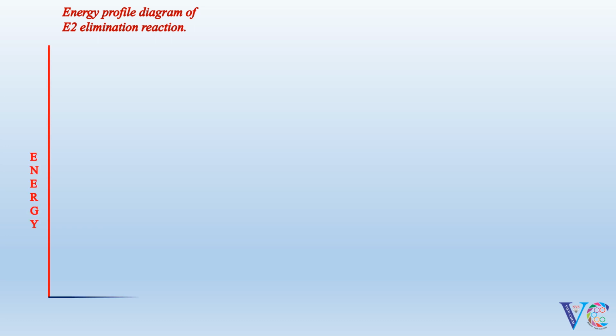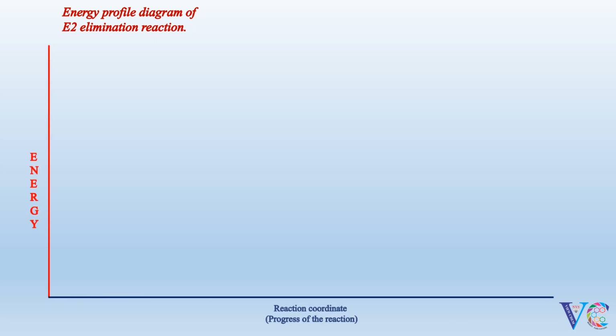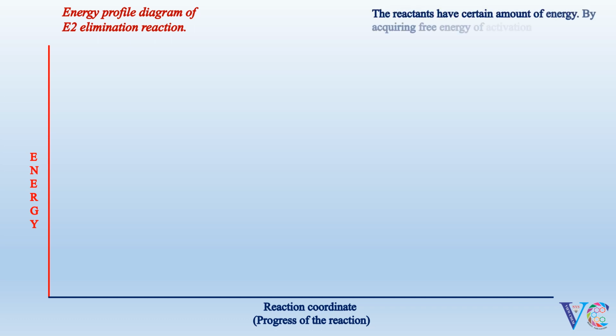Energy profile diagram of E2 elimination reaction. The reactants have a certain amount of energy. By acquiring free energy of activation, a transition state is reached.